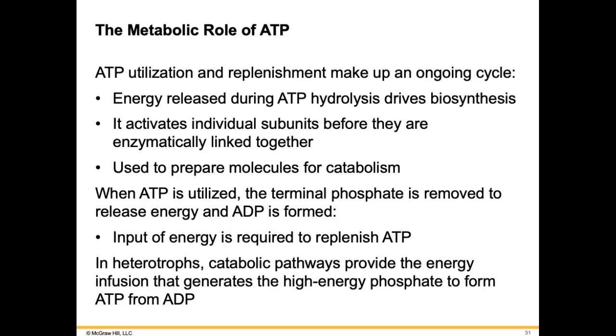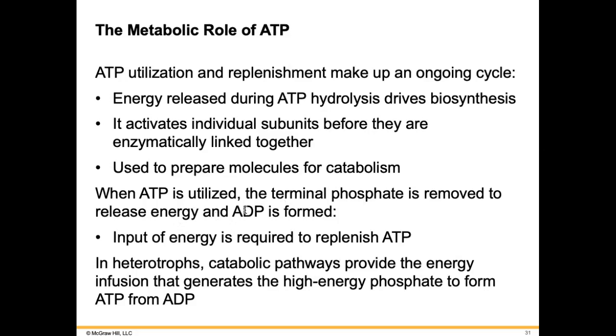So ATP is adenosine triphosphate, which means there's 3 phosphates. ADP is adenosine diphosphate, meaning there's 2 phosphates. So if I have 3 phosphates and break one off, I now have 2 phosphates. So with adenosine triphosphate, all 3 phosphates are there. I break one of the phosphates off, and now I have adenosine diphosphate and some energy.